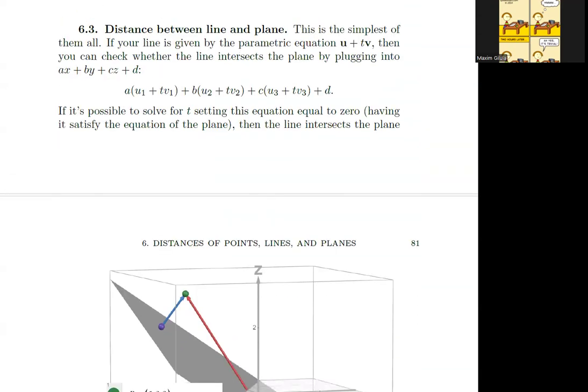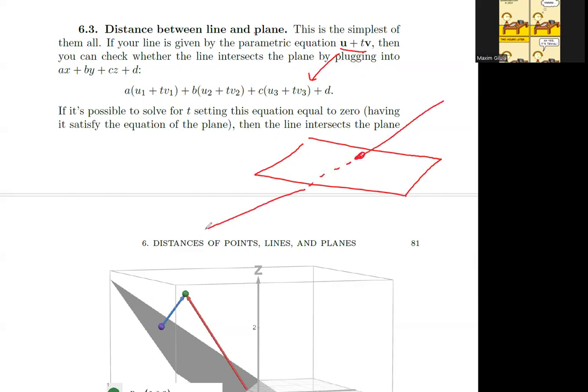But for now, let's talk about the distance between a line and a plane. So this is very simple. If your line is given by a parametric equation, then you could check whether the line intersects the plane just by plugging it into the plane. And if I plug it into the plane, then this tells me whether there's a solution to the line intersecting the plane, right?